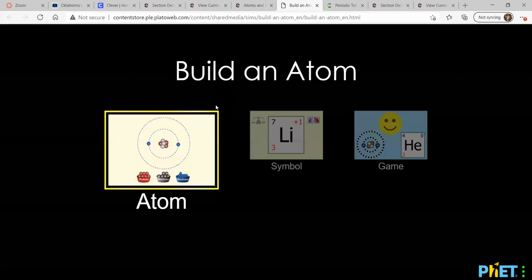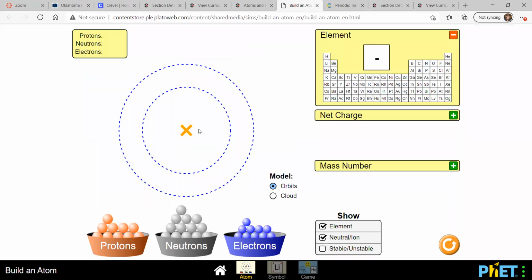So here we go. Atom. So now we've just created hydrogen.